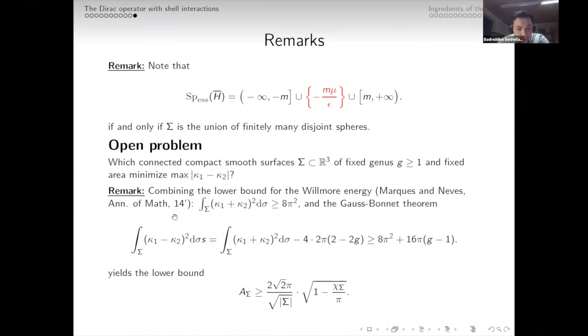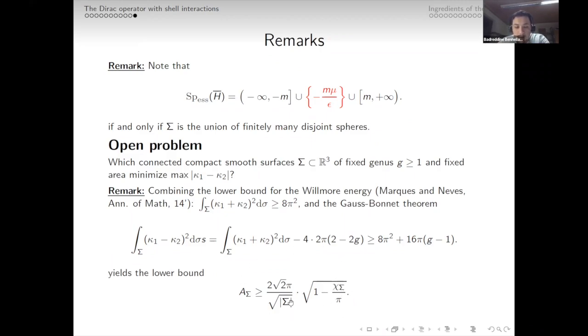As we see in this remark, using a lower bound proved for the Willmore energy, which is actually achieved by a torus of revolution, and using the Gauss-Bonnet theorem, we end up with this lower bound, where chi is the Euler characteristic.